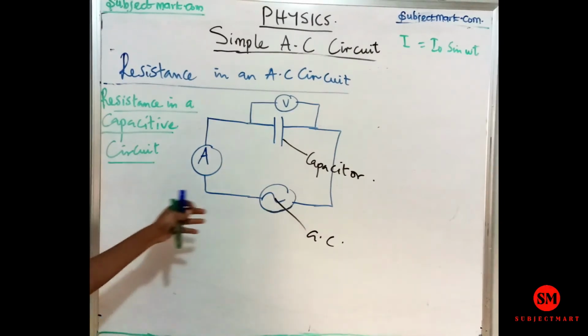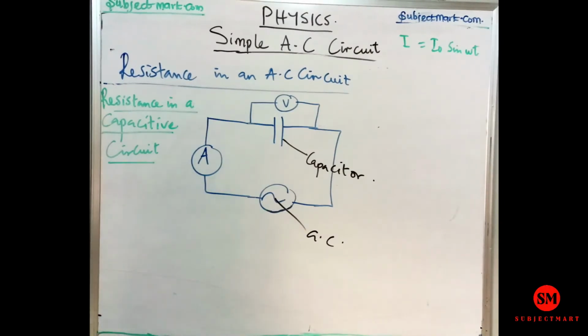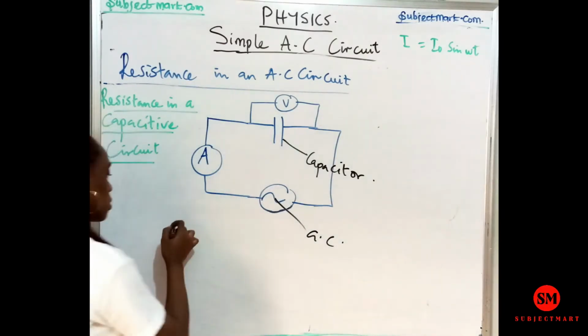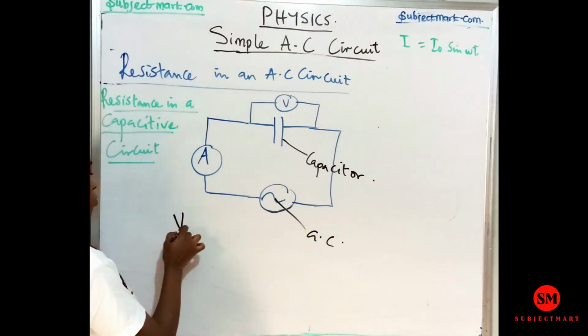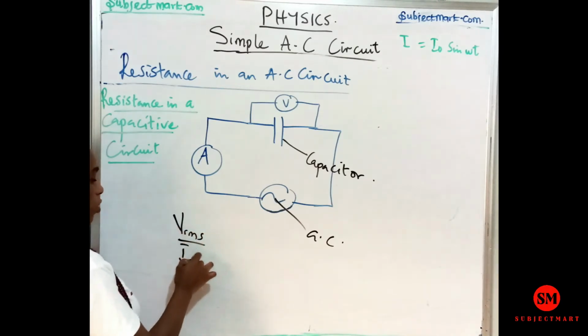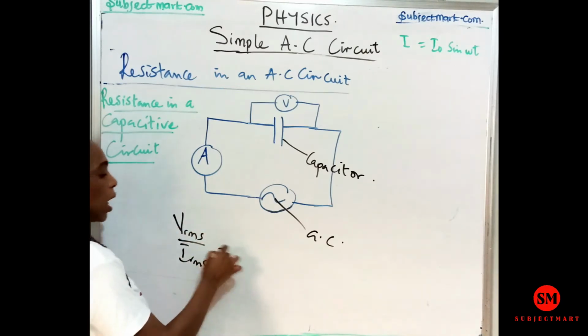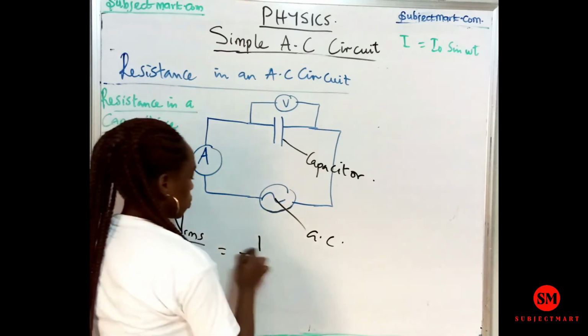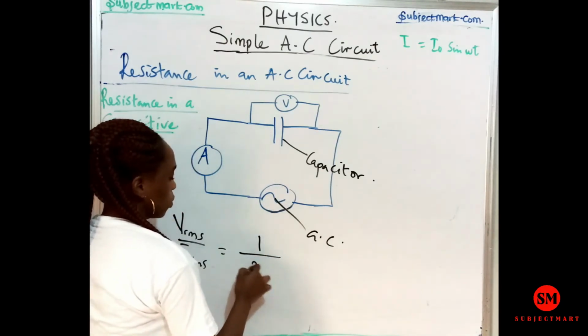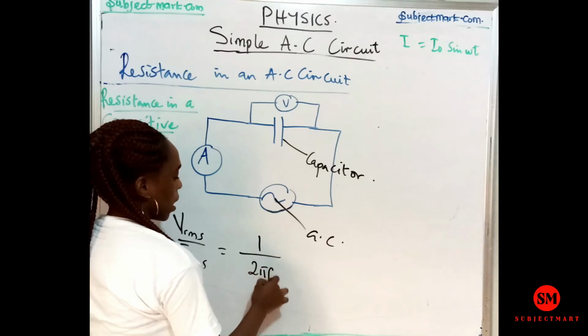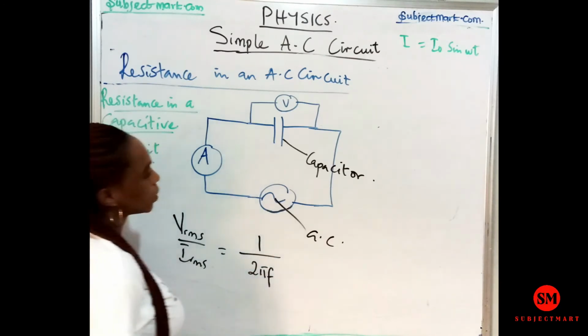So when you have a capacitive circuit like this, the resistance, which is the opposition to current flow in this circuit, is giving us this VRMS over IRMS, just like what I wrote earlier, and is equivalent to 1 over 2 pi FC.